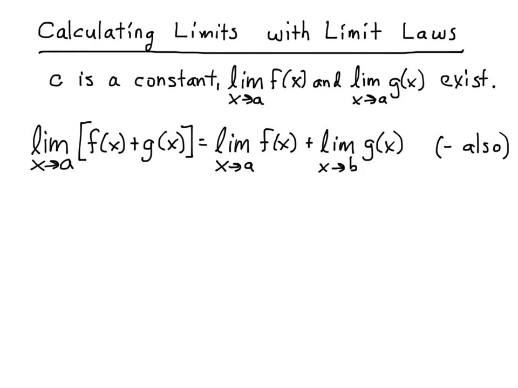This should be a. So as f and g go to their own different limits, we can first add the functions and then take the limit. What's most useful, though, is if we have two different functions in a sum, we can calculate those limits separately. And it works also for negative. So if we take the difference between two functions, we get the difference of their limits.